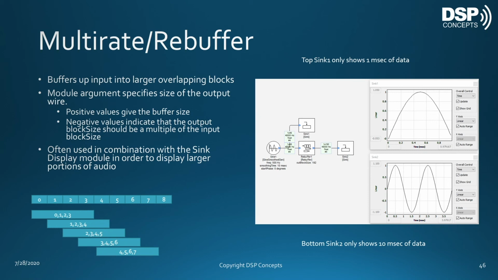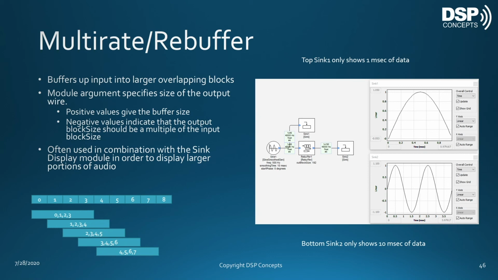For example, on the right-hand side, you have a sine wave generator, which is essentially outputting one block of data of 1 millisecond, so it has 48 samples. So on the top, on sync 1, you would see 48 samples, which is 1 millisecond. Now suppose you wanted to see 4 milliseconds of data.